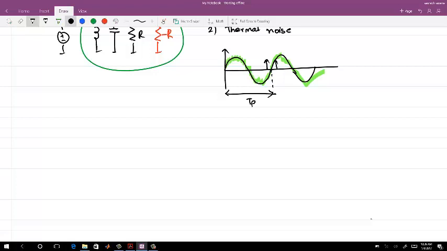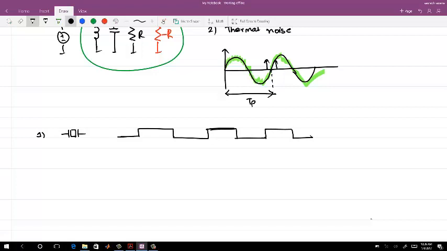So first, let me say your crystal output is this. The crystal always acts as a reference in your system because that is the purest form of the clock which you have.